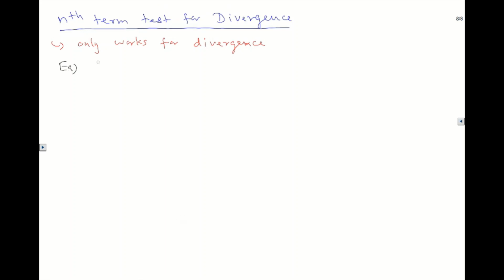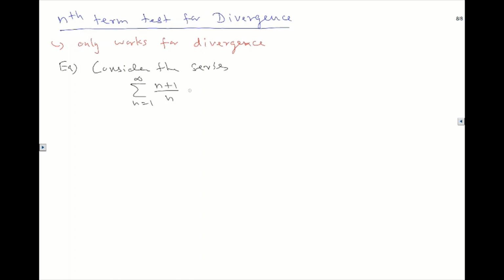Consider the series sigma n going from 1 to infinity of (n plus 1) over n.